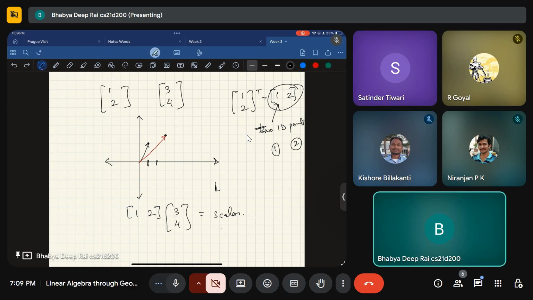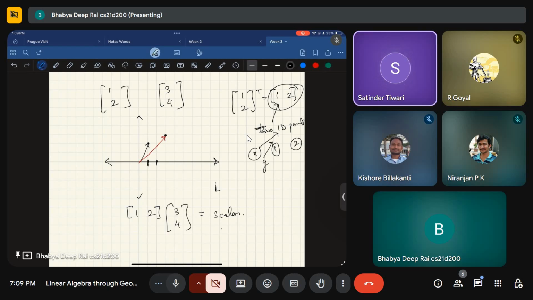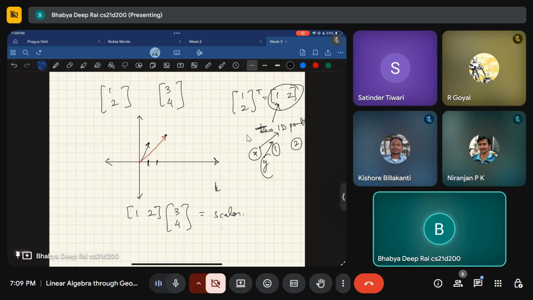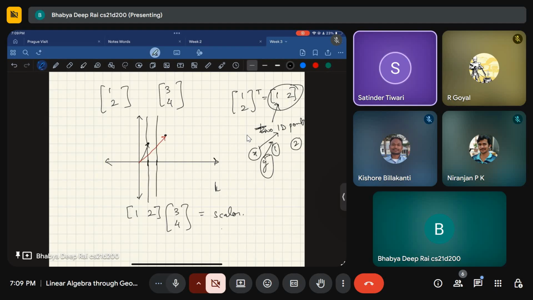That is what happens when you visualize a lower dimensional object on a higher dimensional space. Okay, it's like if you look at, let's say, x equals y. What does that look like? That looks like this, no? X equals y looks like this.